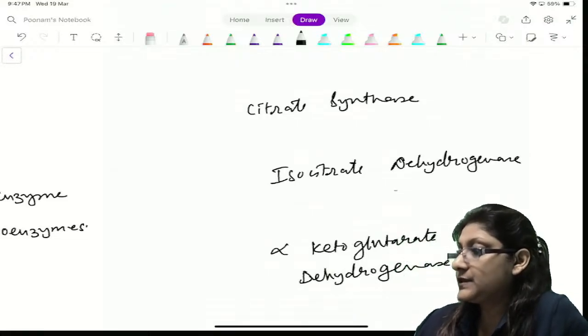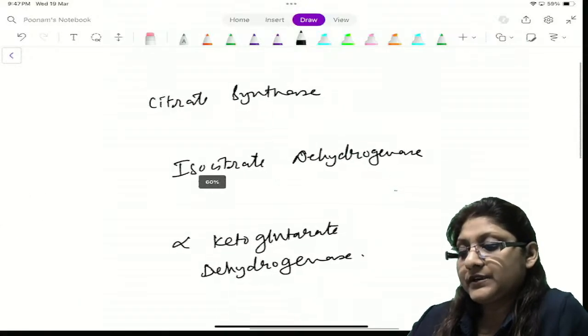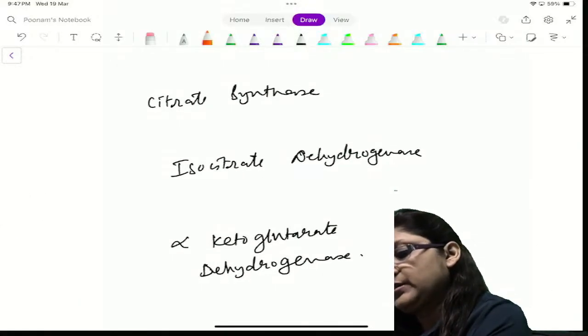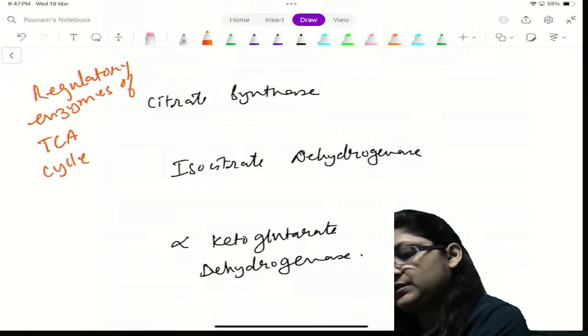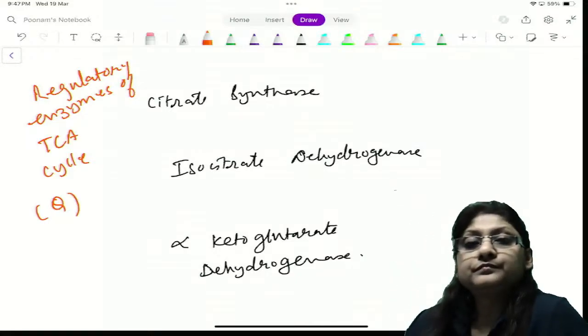So these are the various enzymes which are under strict control. They are called regulatory enzymes of the TCA cycle, which is a direct MCQ for you.